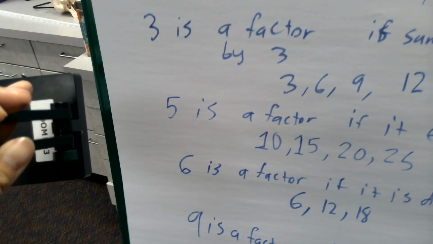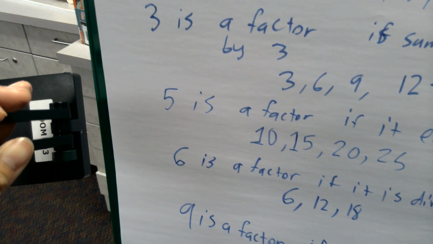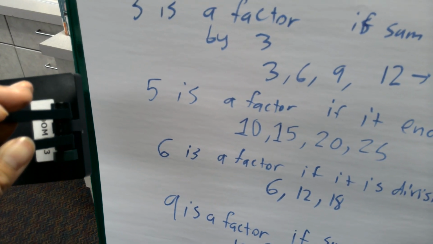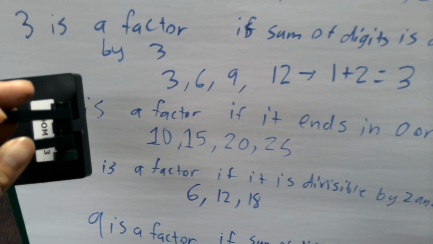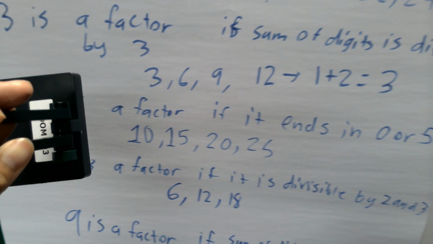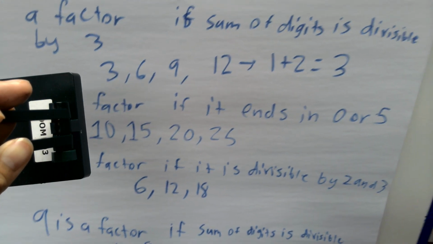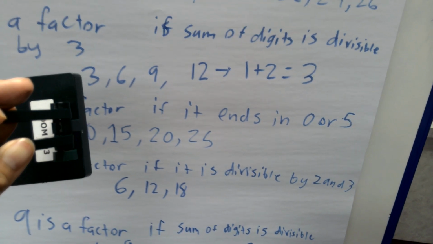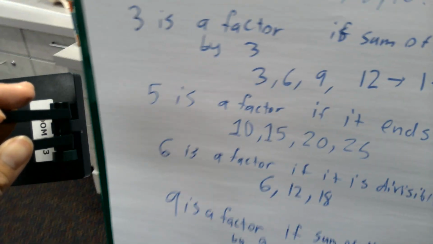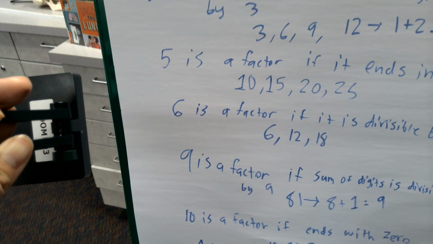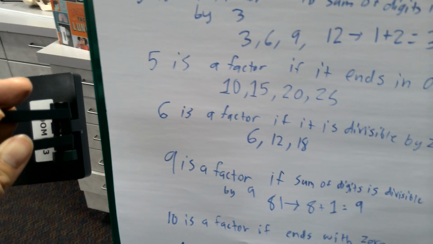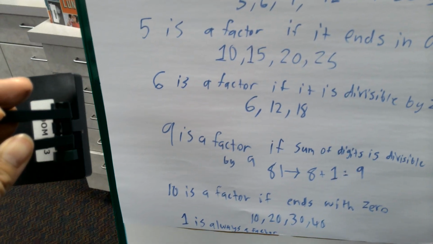If you take the digits of the number and add them up, say for 12, the 1 plus the 2 equals 3, so it will have a factor of 3. 5, of course, is a factor if it ends in a 0 or 5, so 10, 15, 20, 25, 30 will all have factors of 5.